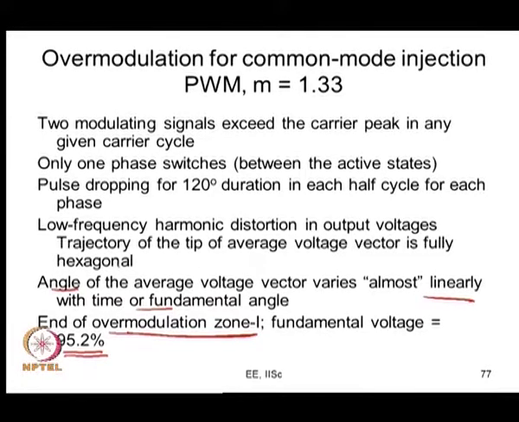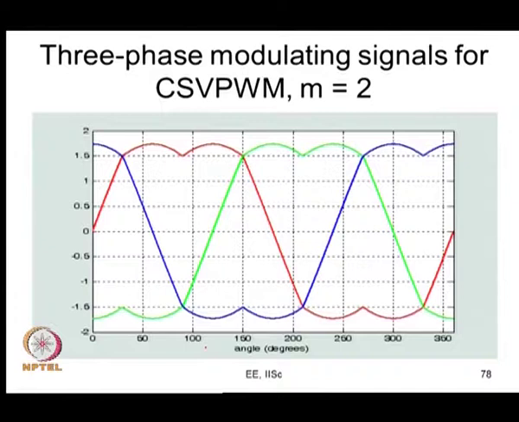In overmodulation zone 1 it will be partly hexagonal and partly circular, and at m is equal to 1.33 this becomes fully hexagonal. So, from 1.15 to 1.33 we would call overmodulation zone 1, these are the values of m. Above that we will call overmodulation zone 2.